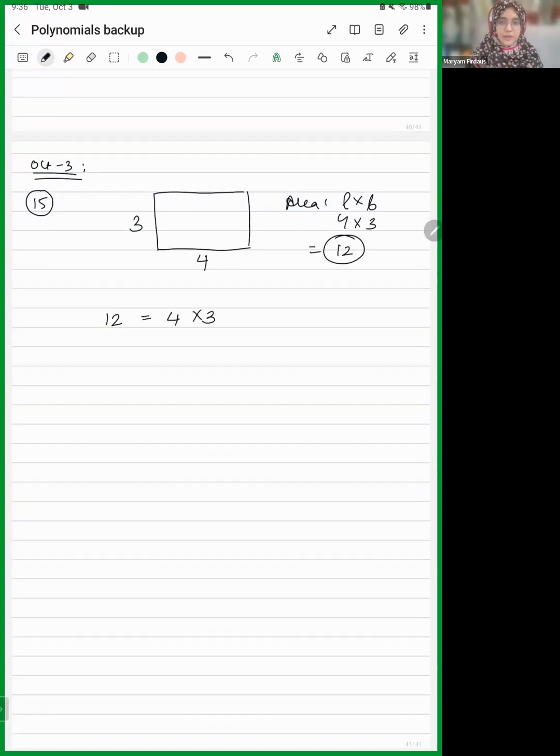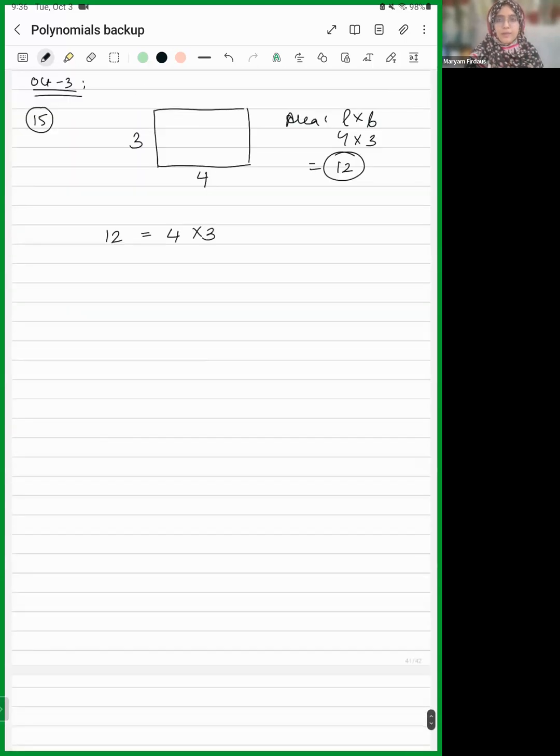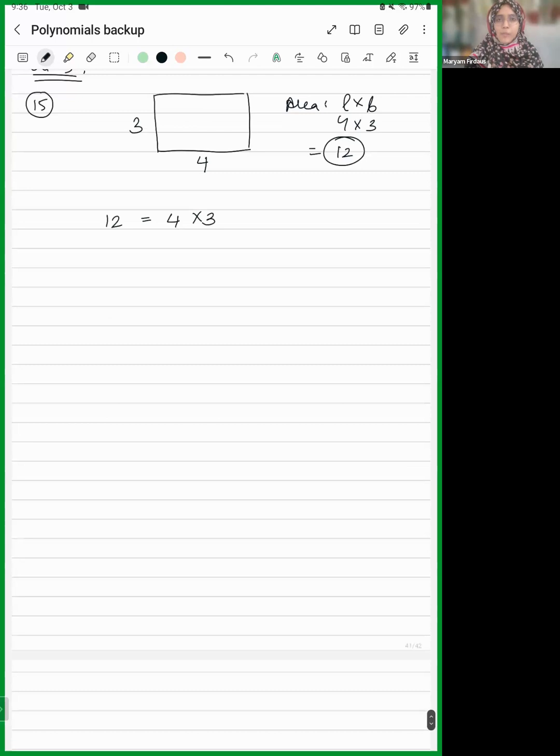Now is my screen showing? No, ma'am, not the whiteboard, just the question. Yeah, now it is. So you see this area is written as a product of its length and breadth. Length and breadth are the factors of the area, right?